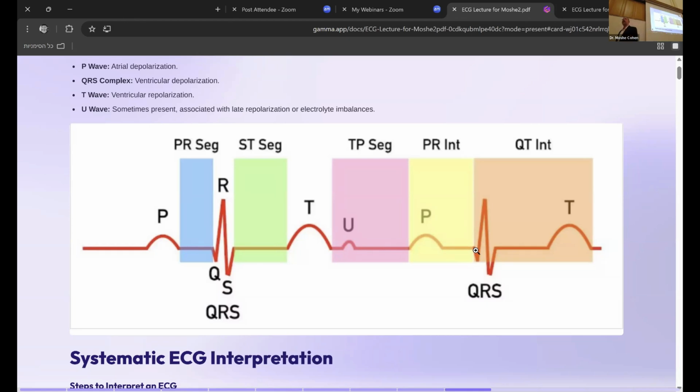Good. Which phase is longer, systole or diastole? Diastole, good. Systole is on average in the population 0.35 seconds, and diastole is 0.45 seconds. Both of them together are 0.8 seconds, and that's a cardiac cycle. So this is a normal ECG, P wave, QRS, T wave.